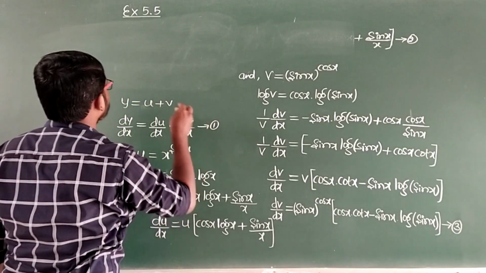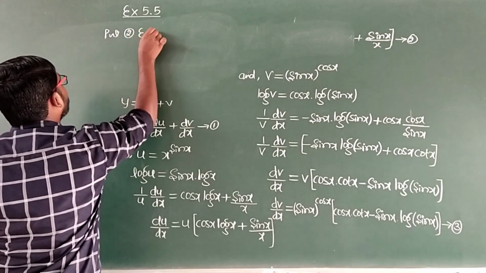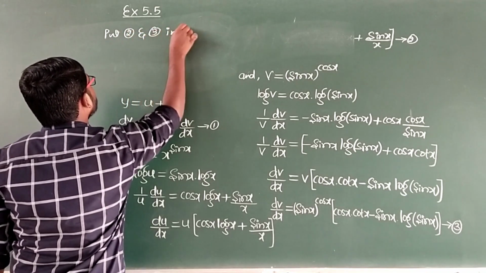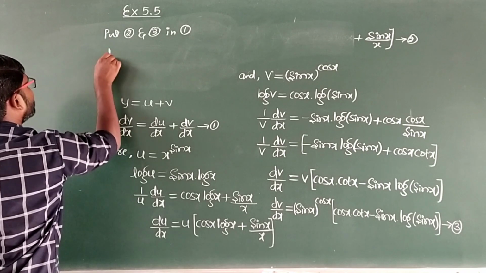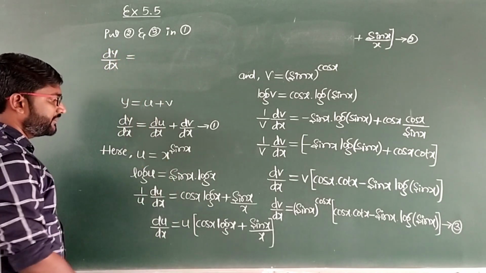Put 2 and 3 in equation number 1. So what do we get now? dy by dx is equal to du by dx.